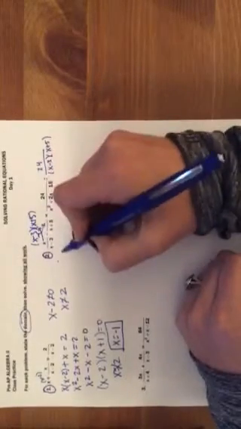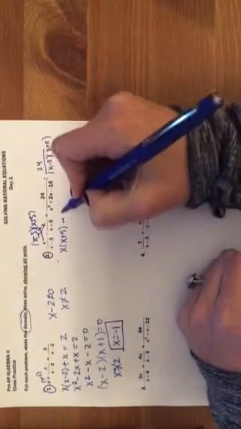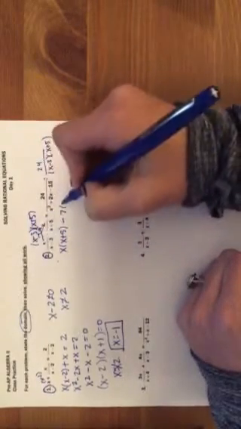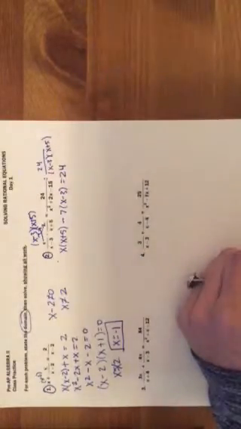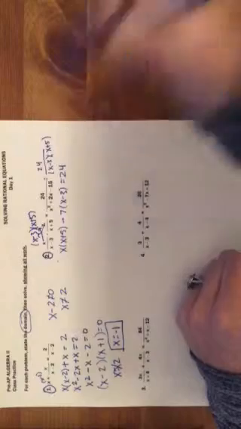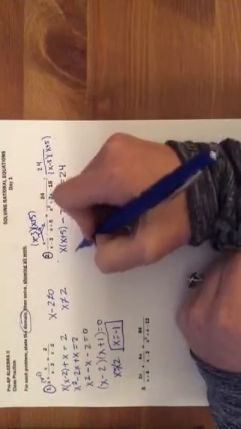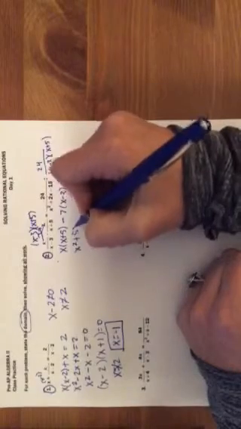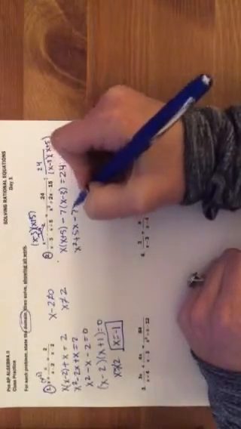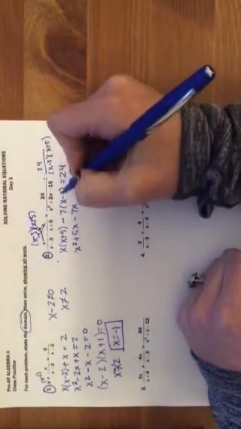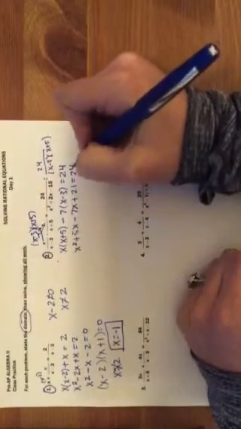So x has to be multiplied by x plus 5, minus 7 has to be multiplied by x minus 3 equals 24. Okay, and I don't even have to worry about the denominators anymore. Don't care. Distribute in x squared plus 5x. Watch this distributing. It's like a negative 7 times x is negative 7x, and negative 7 times negative 3 is positive 21. Watch that.